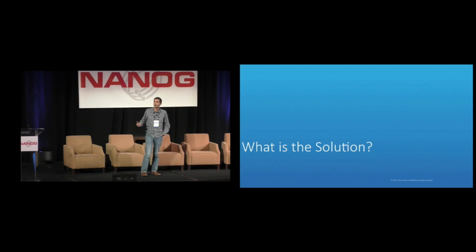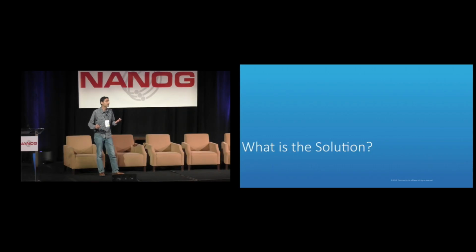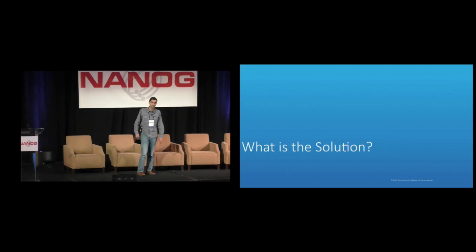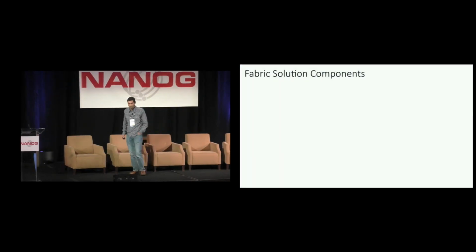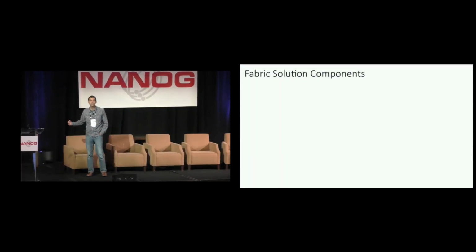While EVPN is one of the key foundational elements of this data center architecture, and we'll go into great detail with respect to the EVPN technology, I wanted to emphasize that there are additional elements to this architecture of how we bring EVPN and use EVPN in the data center. So with that, let's dive into the solution.